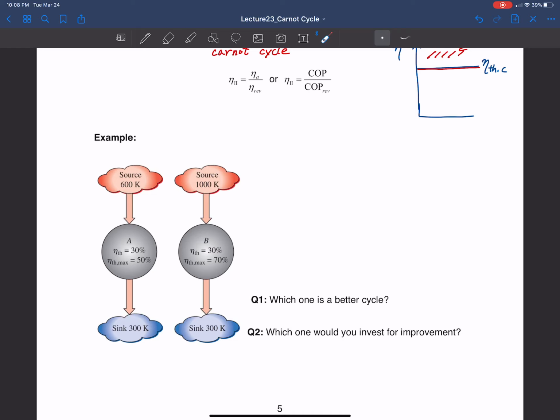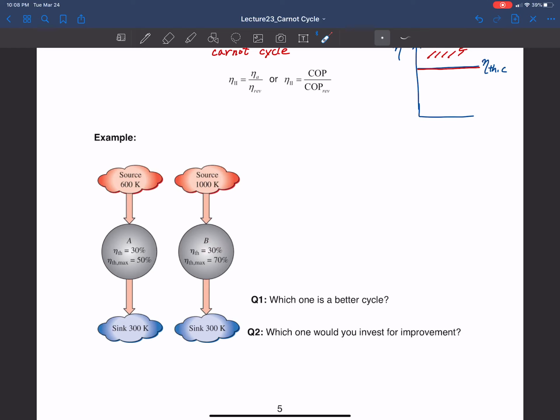And this engine gives us a thermal efficiency of 30%. Now, let's think about another engine, engine B. This engine operates at a source of 1000 Kelvin and a heat sink of 300 Kelvin. And this engine also gives us a first law efficiency of 30%.